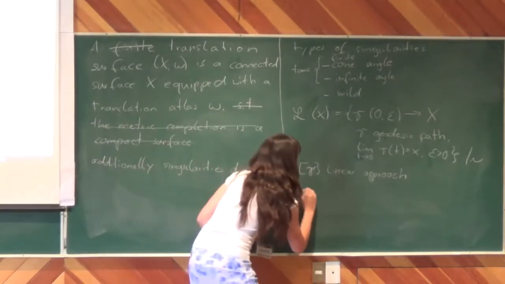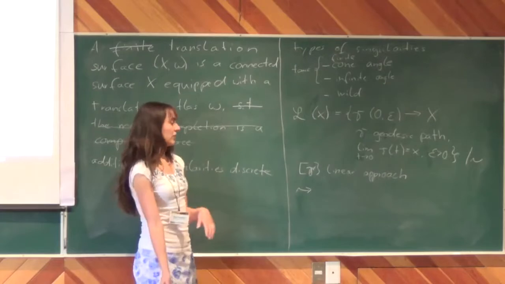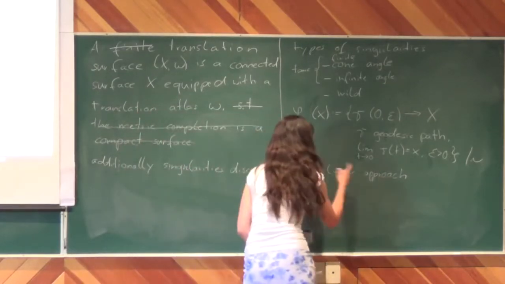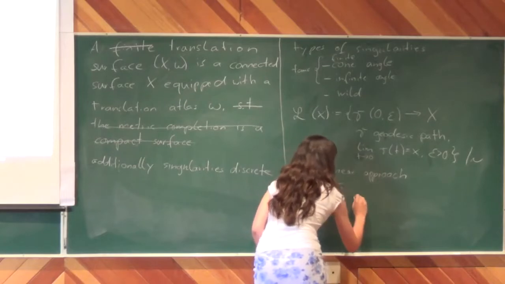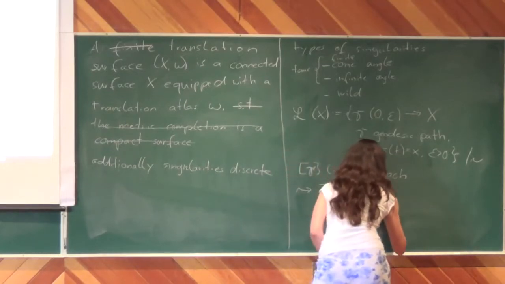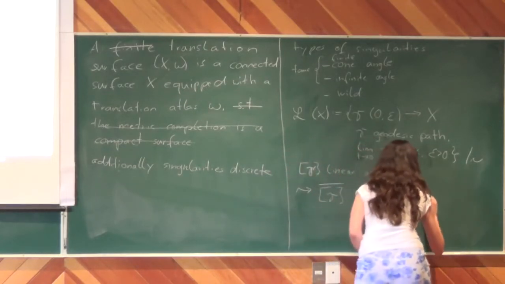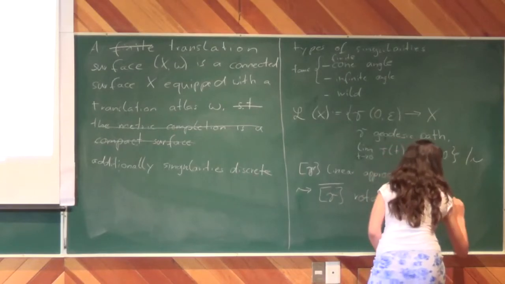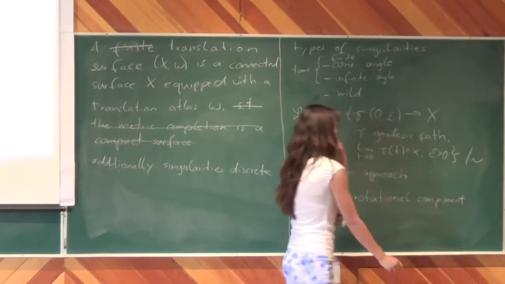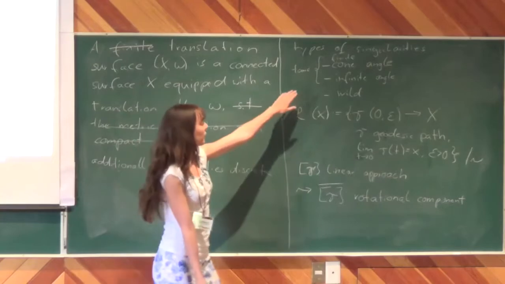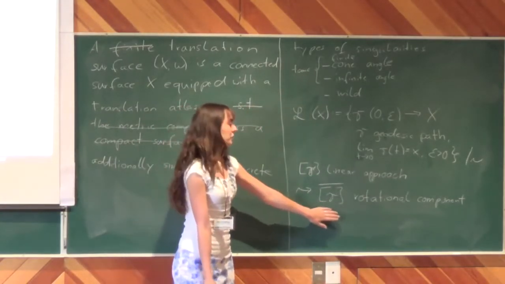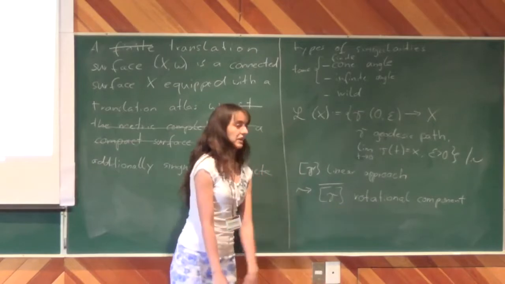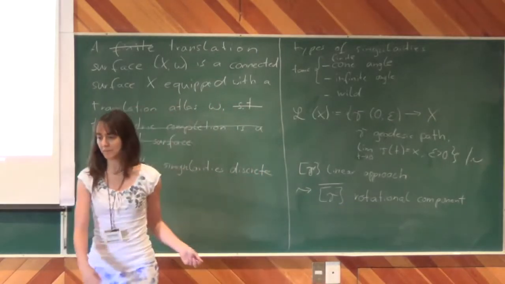And so we can identify some linear approaches, and what we get is called a rotational component. Okay, if you're used to these sorts of singularities, it's not clear why we should consider rotational components, but we will see some examples.